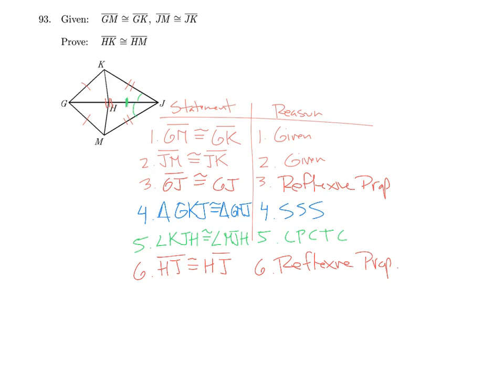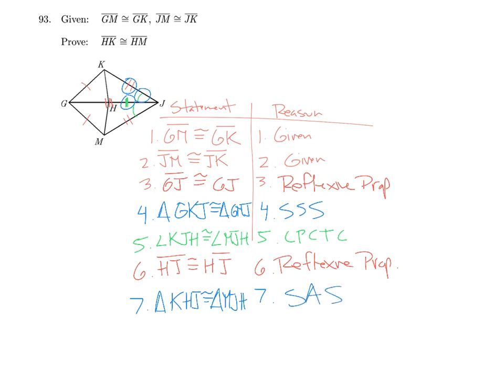And then now I can say that these two triangles are congruent. Triangle KHJ is congruent to triangle MJH, and that's by SAS.